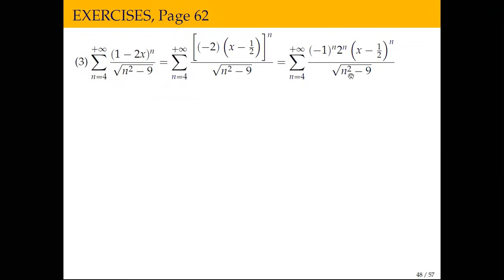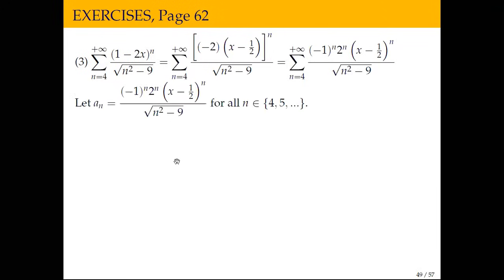Let's call each term in this infinite series a sub n. So let a sub n be equal to this one for all n. We wanted to apply the ratio test in this infinite series. So we have to check whether this infinite series has non-zero terms.